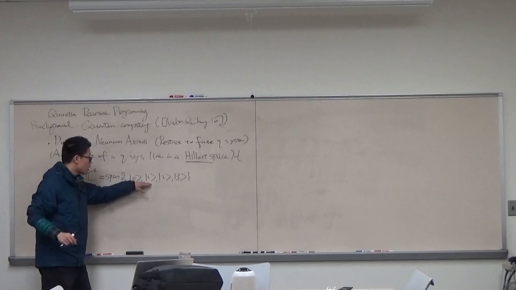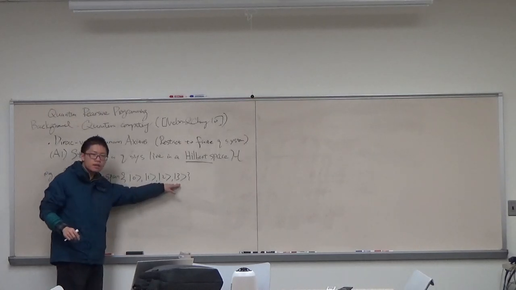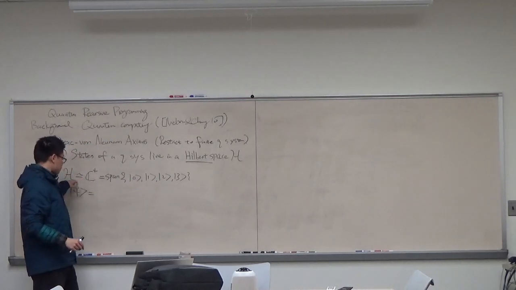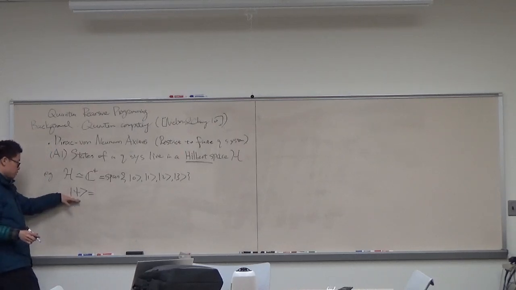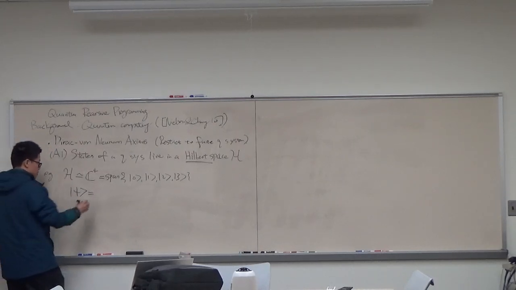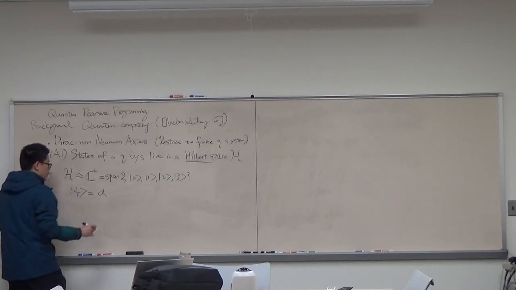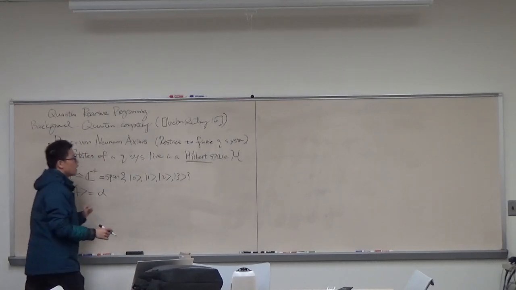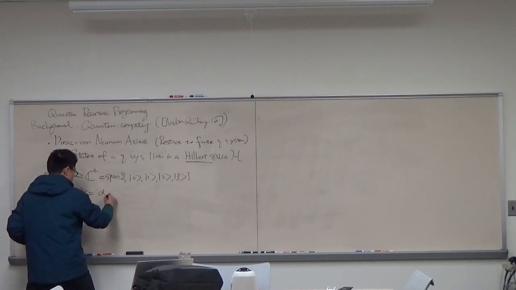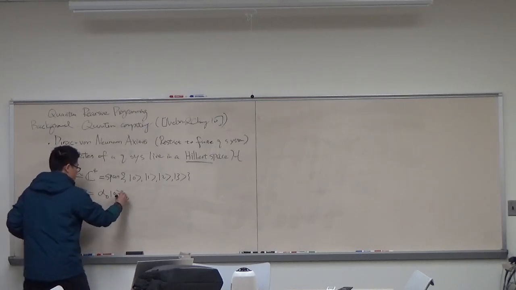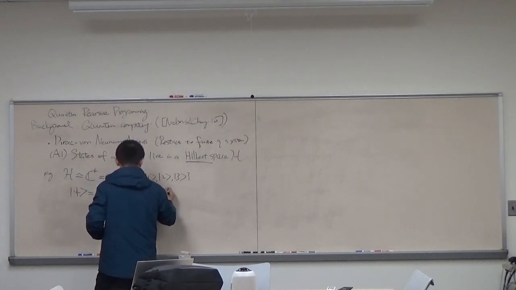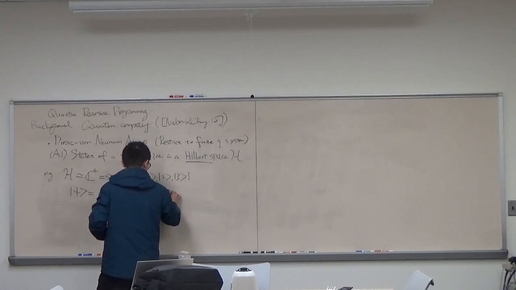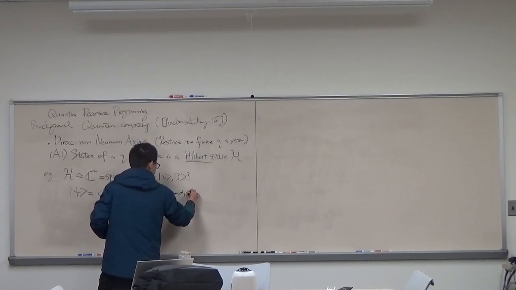So these ket 0, ket 1, ket 2, ket 3, they are a set of orthonormal bases of the Hilbert space H. And then any vector or any state in this Hilbert space can be represented by a linear combination of these basis states: alpha 0 times ket 0 plus alpha 1 times ket 1 plus alpha 2 times ket 2 plus alpha 3 times ket 3.